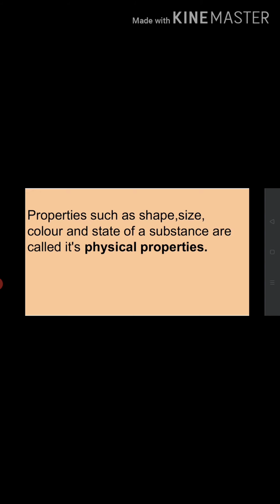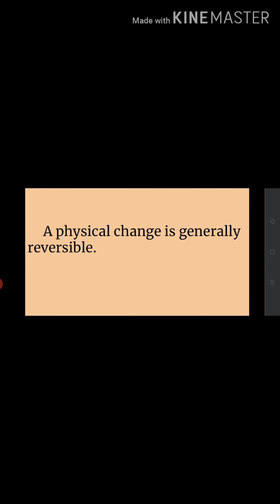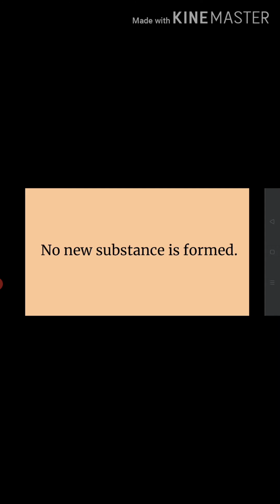If there is a change in any of these, we can say that this is a physical change. A physical change is generally reversible. In such a change, no new substance is formed.